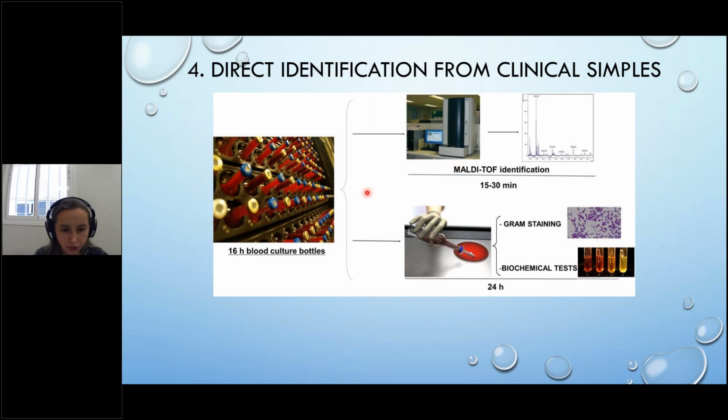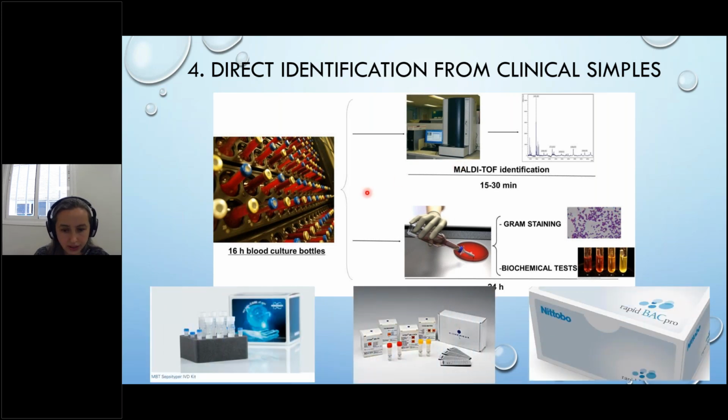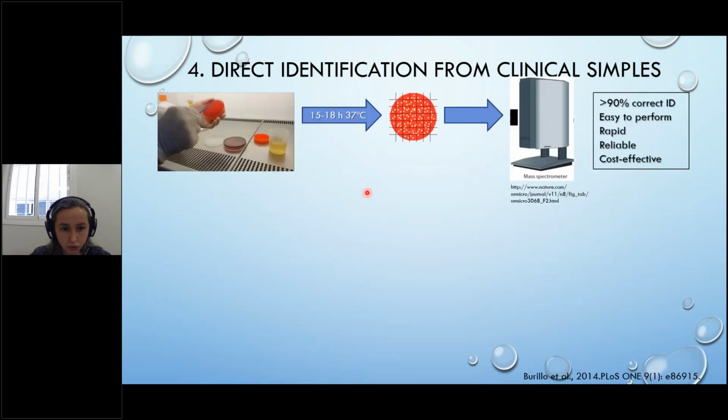As far as I know, there are three different commercial methods available, and identification is obtained in more than 80% of the cases in less than 30 minutes, which is really, really impactful.